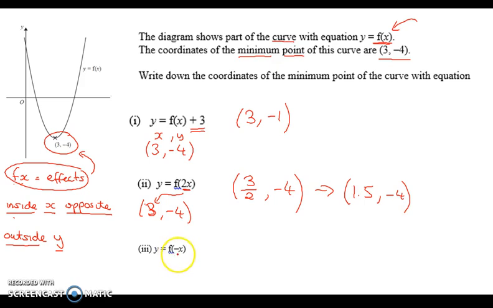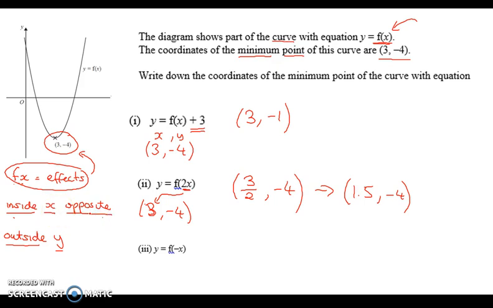And the last one, this is the more interesting one here. We've just got a minus inside the bracket. So the minus is telling us that, yes, it's inside the bracket, so it will affect the x coordinate. What is it going to do to the x coordinate?